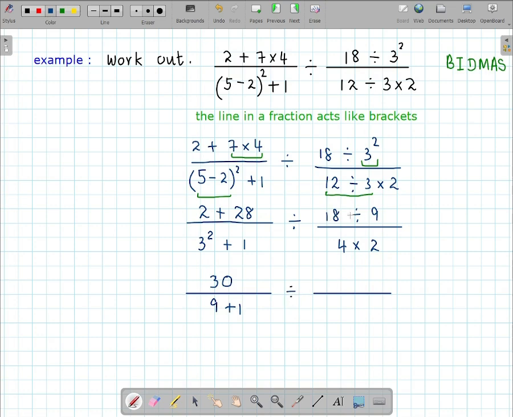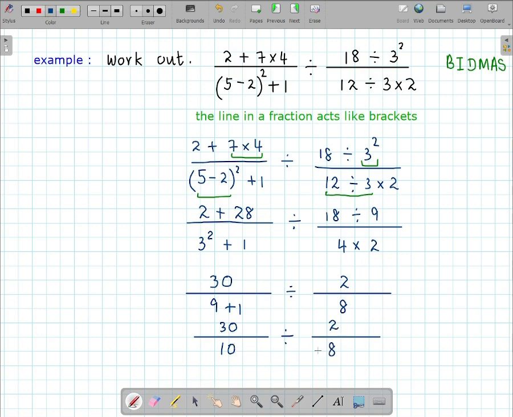In this numerator it is 18 divided by 9, that is 2. Then denominator 4 times 2, that is 8. So numerator 30, 9 and 1, that is 10, division 2 over 8.